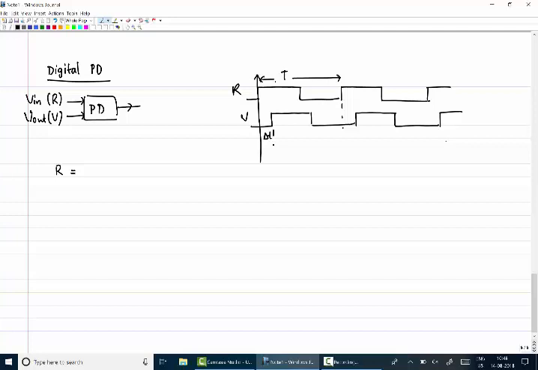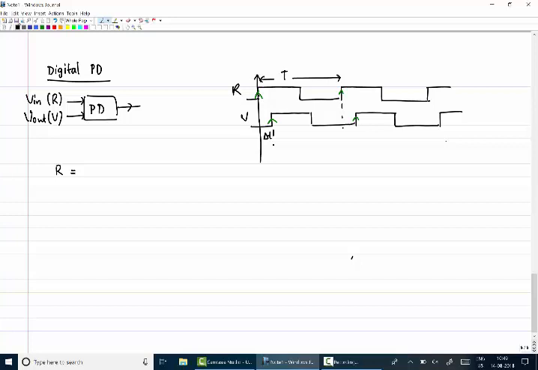But here we are not going to do that. We will only consider the difference between either the rising edges or the falling edges of these two signals, and that is the phase difference between the two signals. To you it might be slightly confusing, because so far I was considering two sinusoids and the phase error between these two signals at any given instant of time.